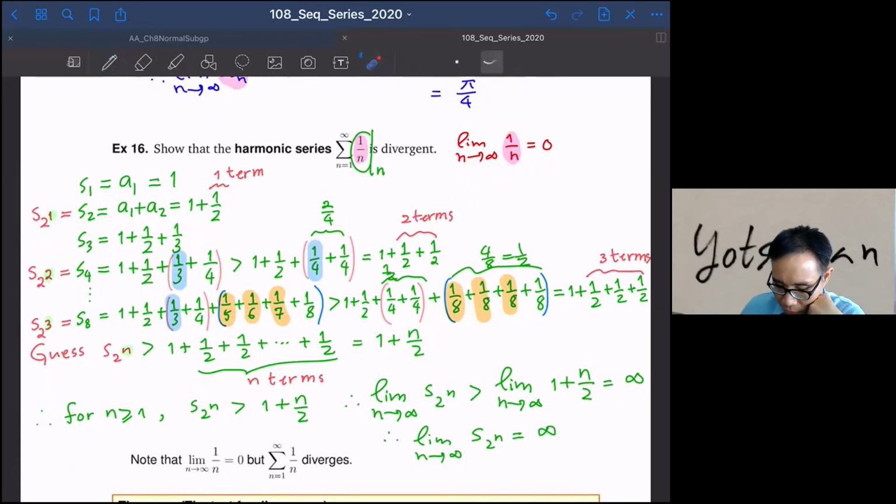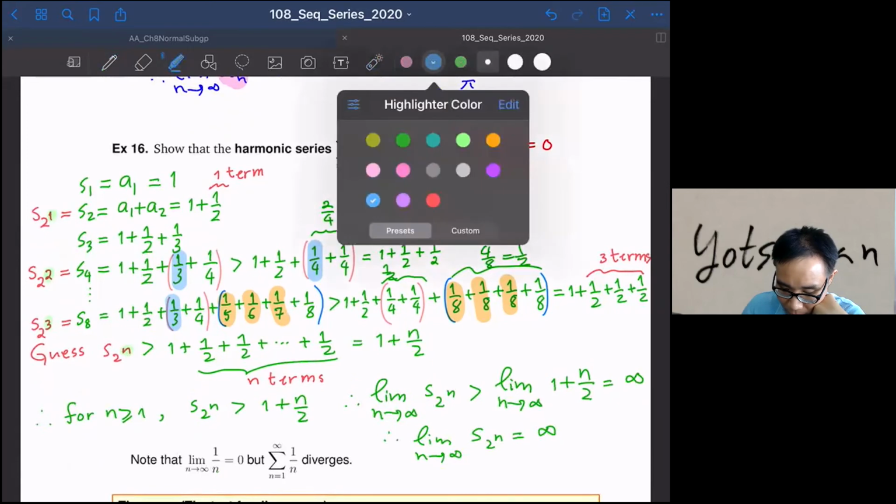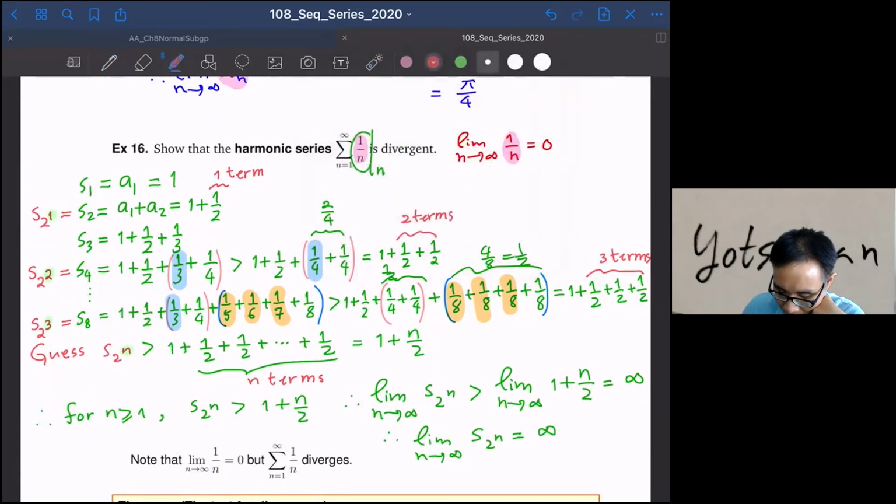Okay, so we have this red limit here, and this red limit is more than infinity. And when you have the limit more than infinity, it turns out to be equal to infinity. So it means that s infinity is equal to infinity.